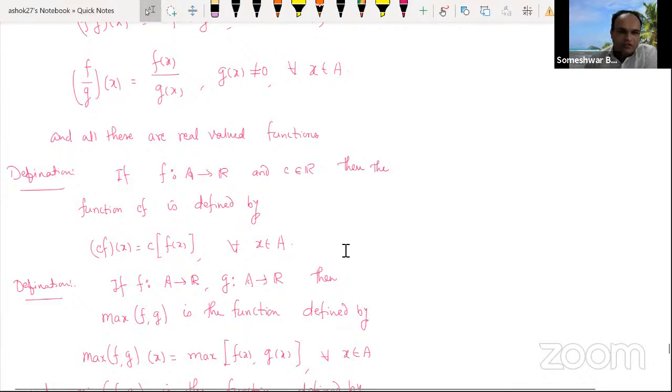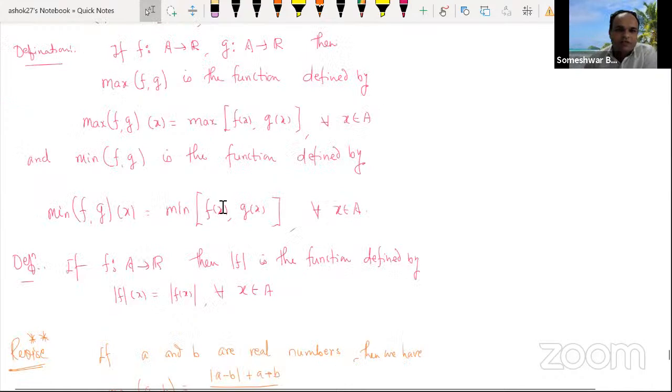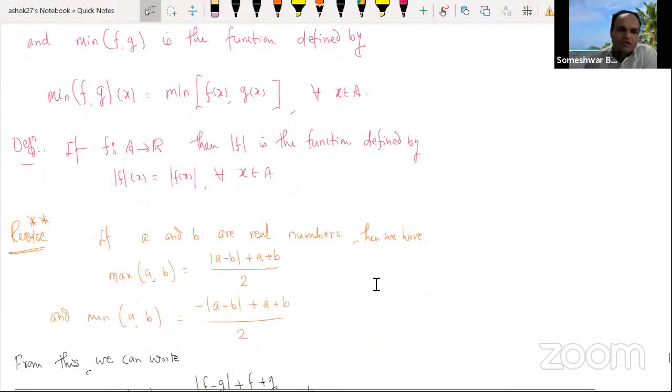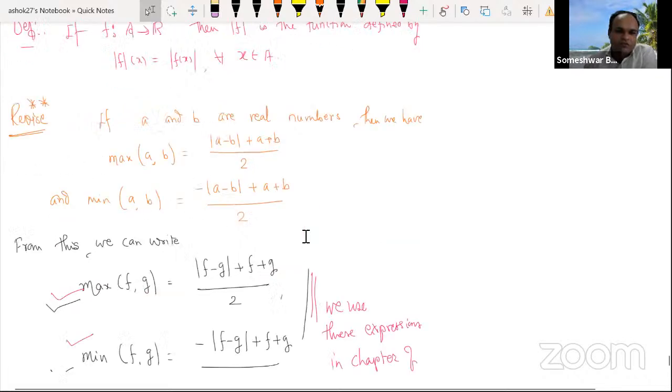After that, we saw maximum and minimum, the definition of the maximum function and the minimum function. What is the maximum of two functions and what is the minimum of two functions? After that we saw one well-known formula for real numbers, and we wrote this formula for mappings.